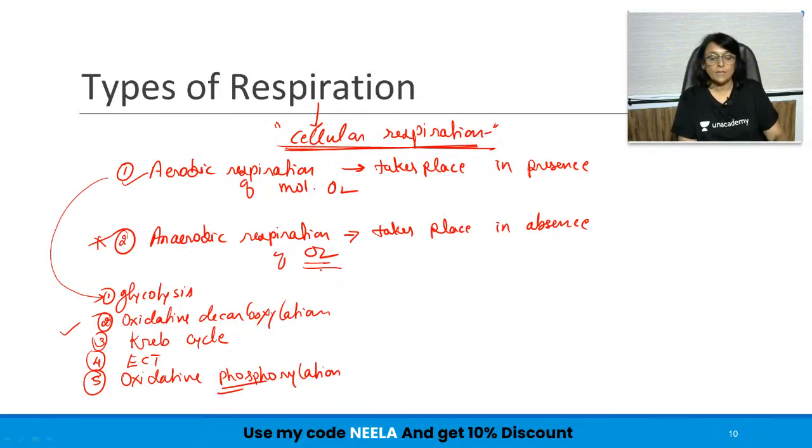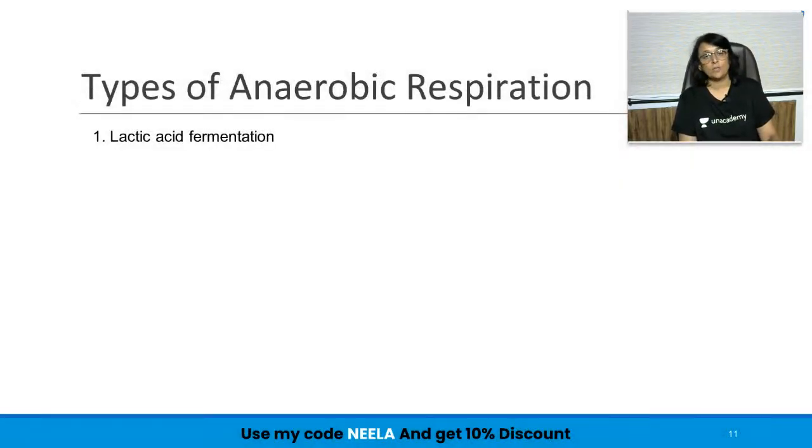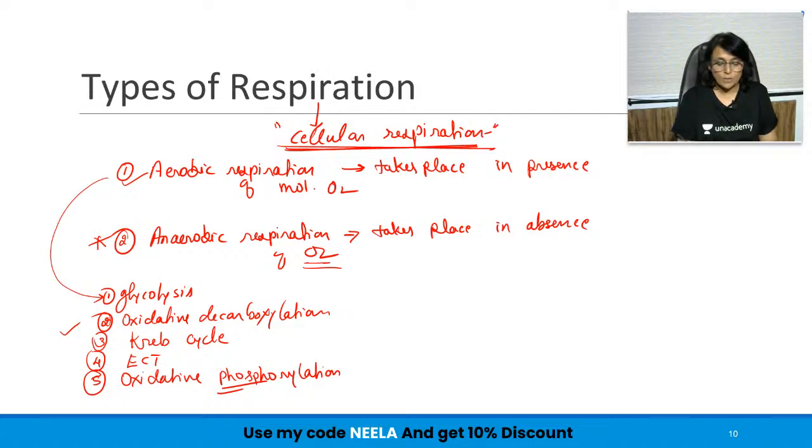Now when we talk of anaerobic respiration, there are 2 types. If I have to give you something more about anaerobic respiration, we can write that anaerobic respiration is known as fermentation.